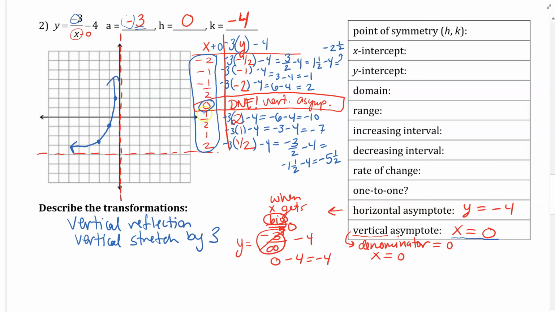Let's keep going. So when x is positive 1/2, y is -10. My grid only goes to 7, so we'll just have to estimate roughly where that would be, right around there. When x is 1, y is -7, so that's right there. And when x is 2, y was -5.5. Right there.